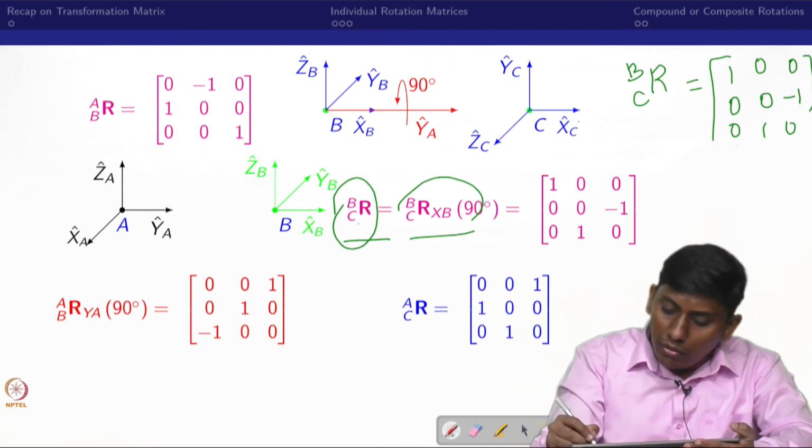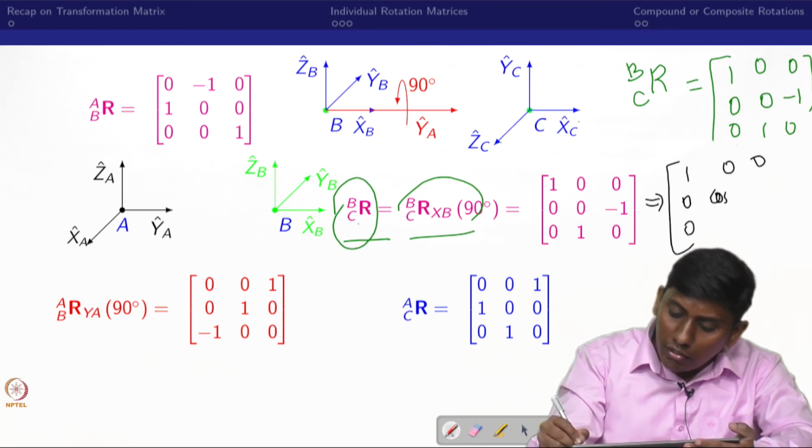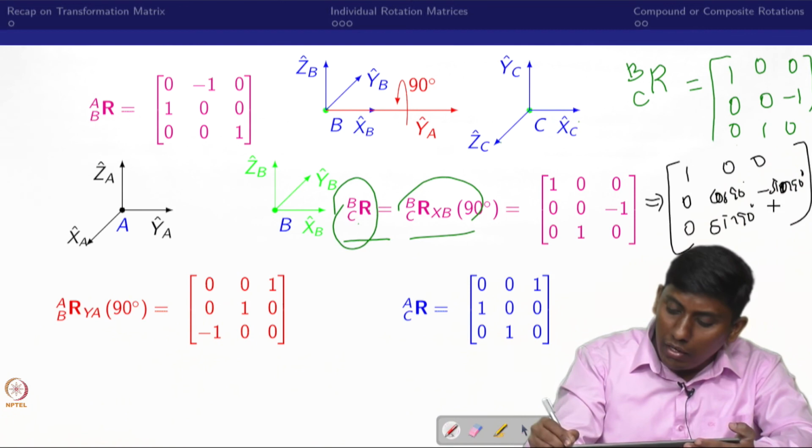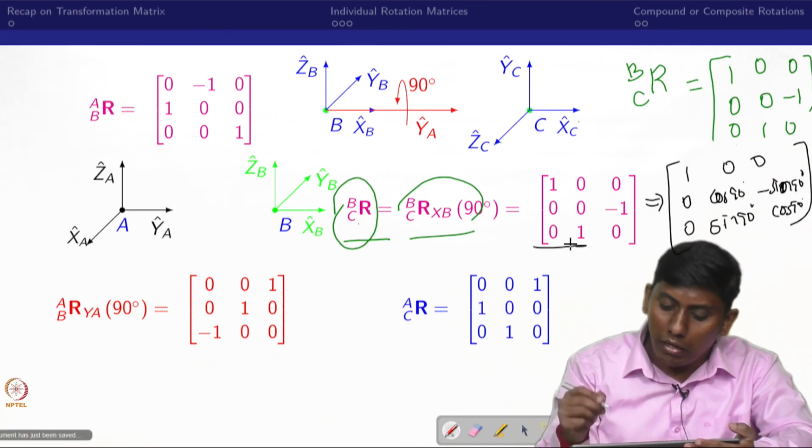So we are writing 1 0 0, this is 0 0, this is cos 90 degree, this is minus sin 90 degree, okay. Then this is sin 90 and this is cos 90. So obviously this becomes 0 and this becomes -1 and +1. This is the matrix.